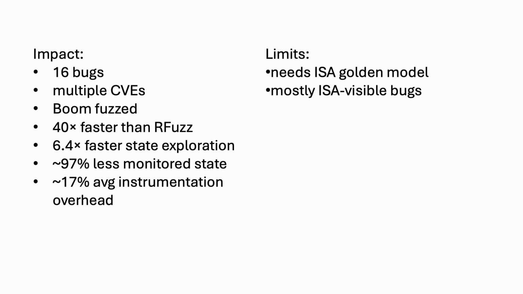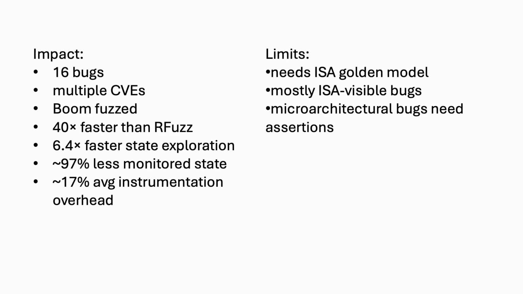And because they're doing differential testing against ISA visible behavior, they're strongest on ISA visible bugs. Semantic bugs and purely microarchitectural bugs are generally very hard for these approaches to find and might require extra assertions or other instrumentation.